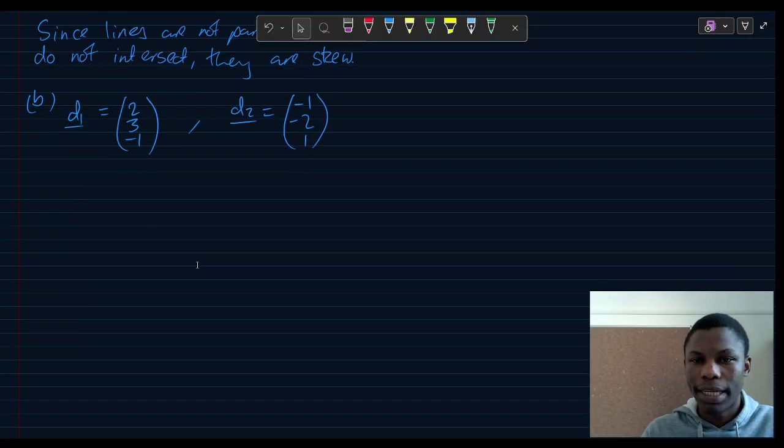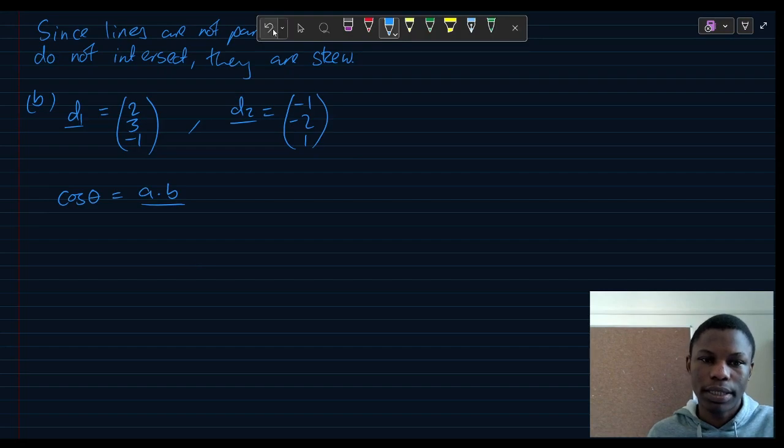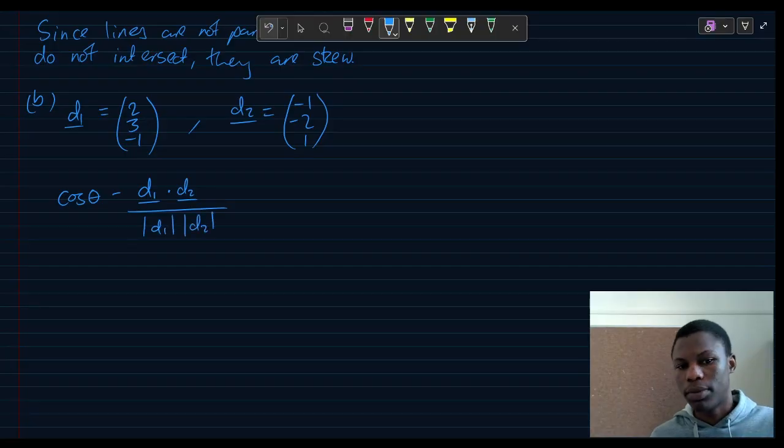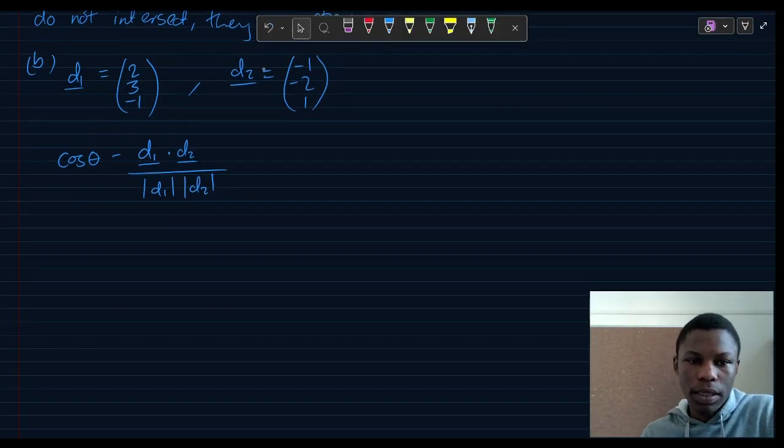So obtuse means that is between 90 and 180 degrees. And to find the angle between two vectors, we use cos theta is equal to the dot product of the two vectors, in this case, the dot product of D1 and D2 over the moduli of D1 and D2 multiplied.